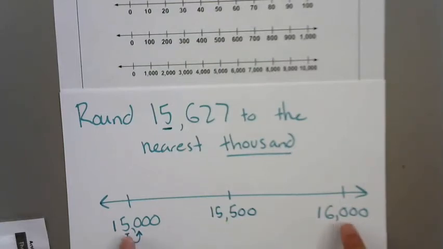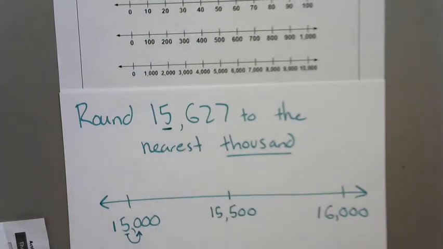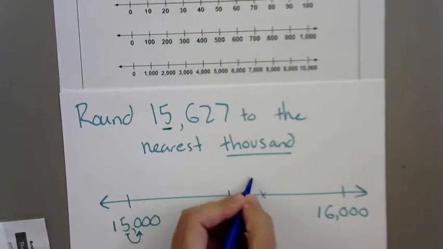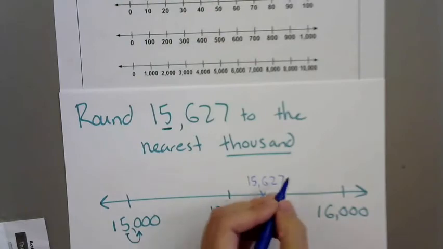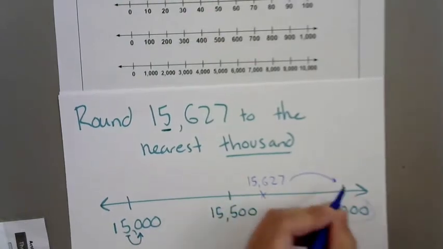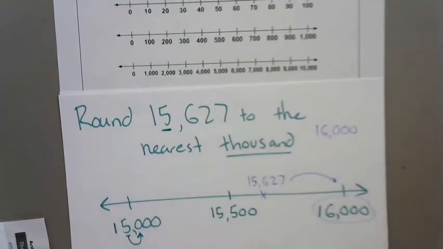Because we have a span of 1,000 between these two, right? And half of 1,000 is 500. So where does 15,627 fit in? Well, 627 is a little bit more than 500. So since this number is greater than halfway, it rounds up to 16,000 if we're rounding to the nearest 1,000.